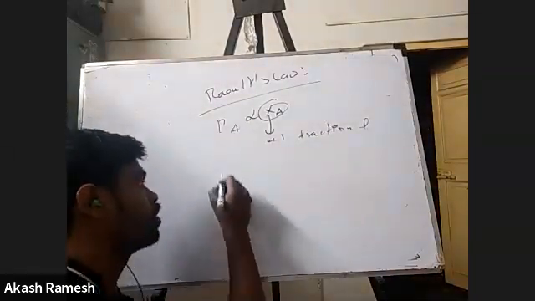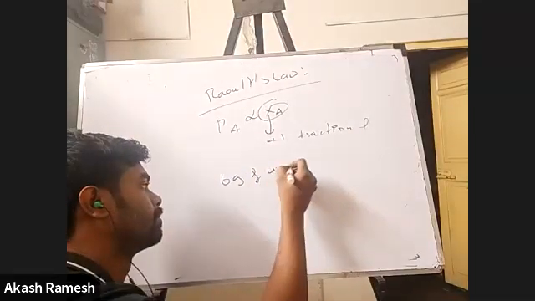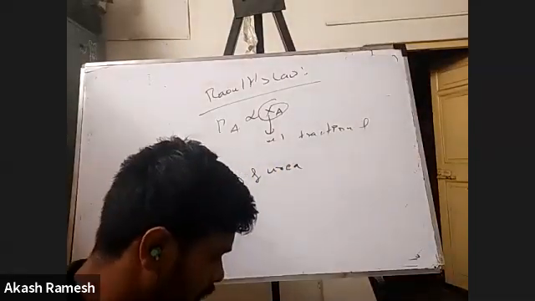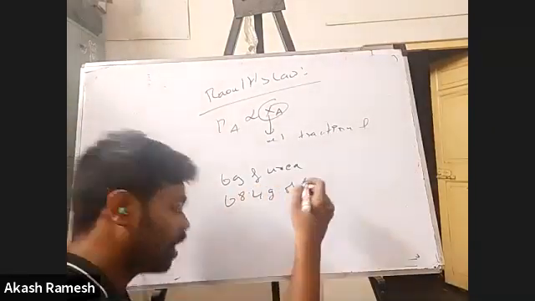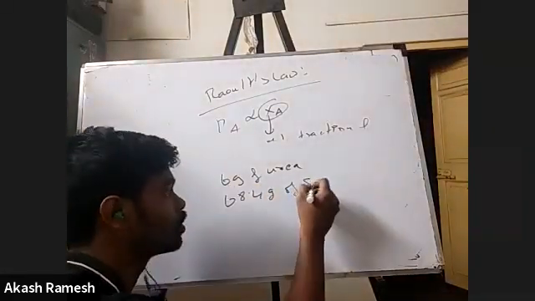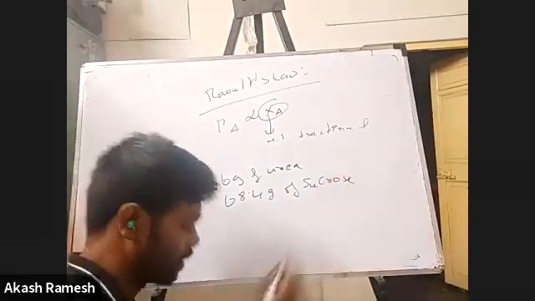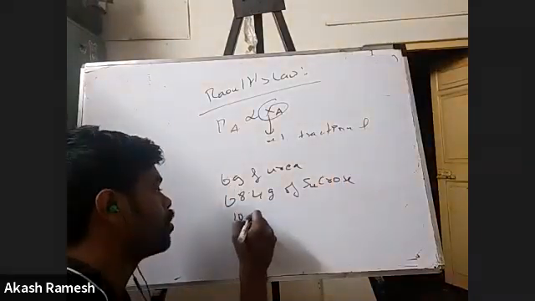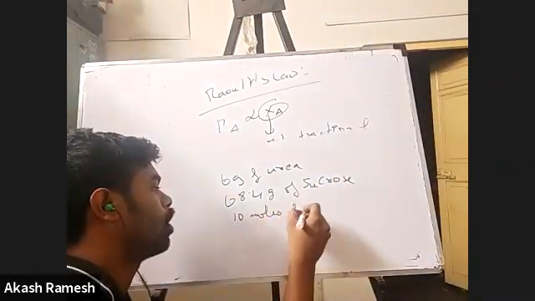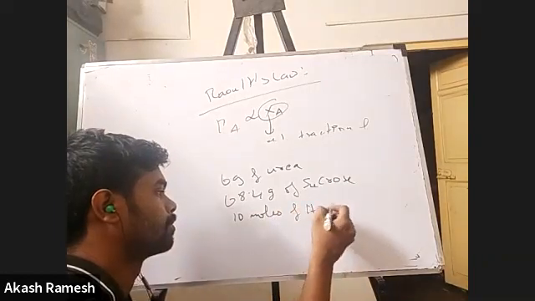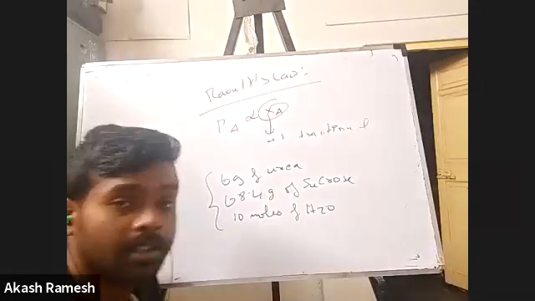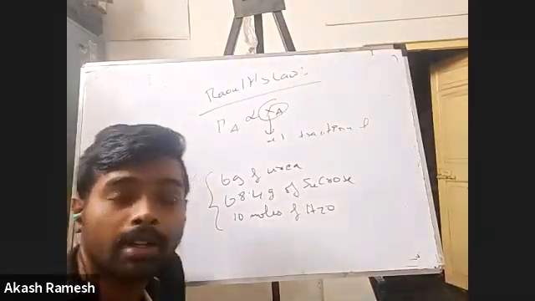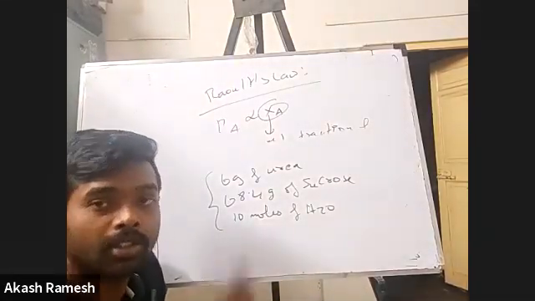6 grams of urea, right, and 68.4 grams of sucrose and 10 moles of water, right? So I have a solution containing all this, and I'm asking you, what is the vapor pressure of this solution?